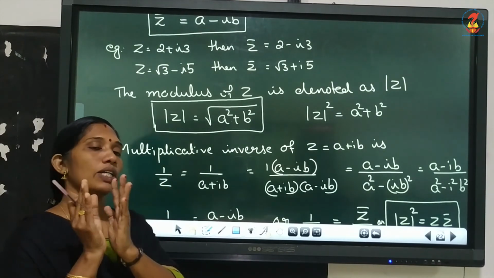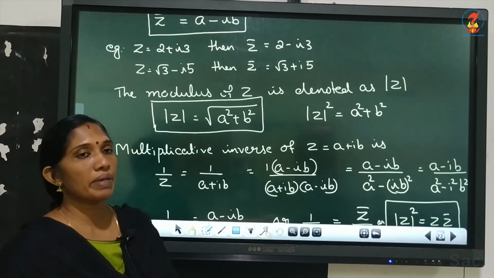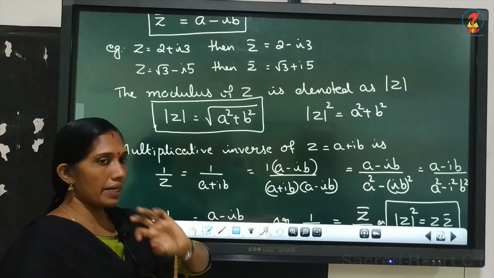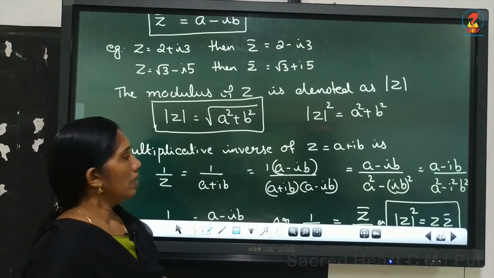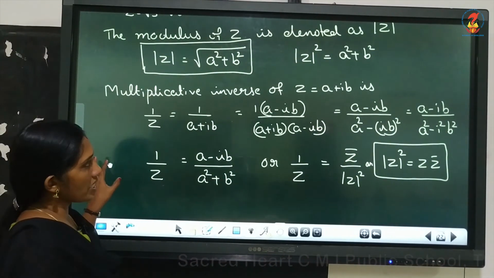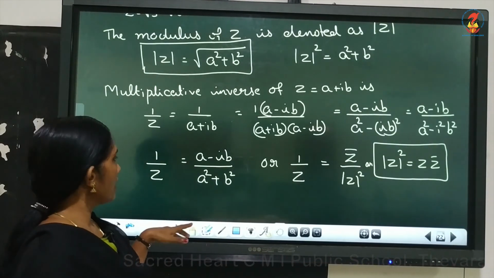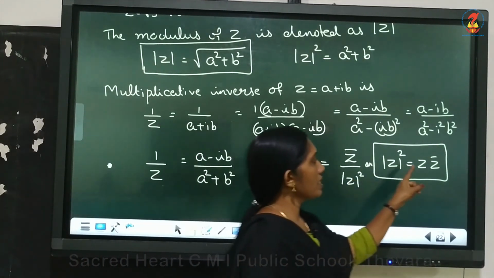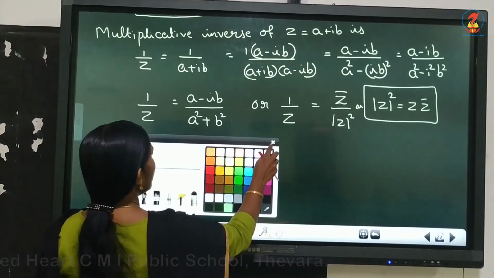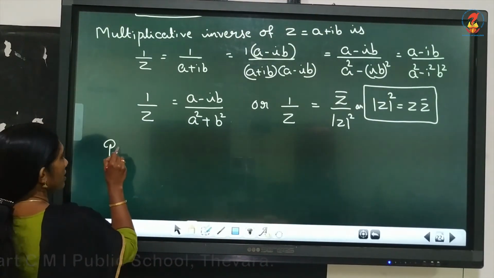When i is there, only then do we call that part the imaginary part. So we just take the numbers a and b squares. Then the multiplicative inverse is 1 by z, which you have to rationalize. So we can see that mod z square is the same as z into z bar. Then there are some properties of conjugate and modulus.